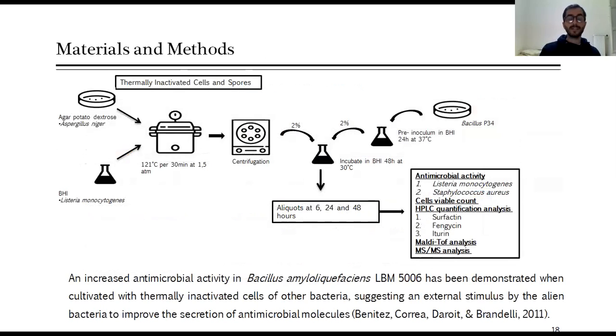And then in the experimental part of this work, I tried to stimulate the secretion of antimicrobial peptides by Bacillus p34. We made different co-cultures of Bacillus p34 with thermally inactivated cells of Listeria monocytogenes and spores of Aspergillus niger.